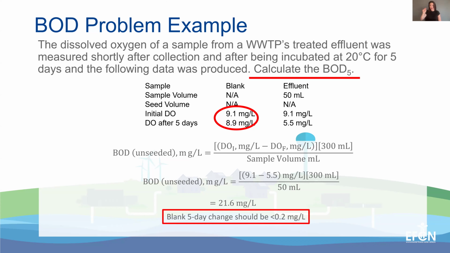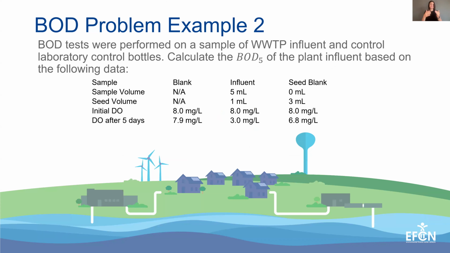Now, as I mentioned, there are also calculations for a seeded sample. The way this kind of practice problem may look is something like this, where the problem would state BOD tests were performed on a sample of wastewater treatment plant influent and laboratory control bottles.